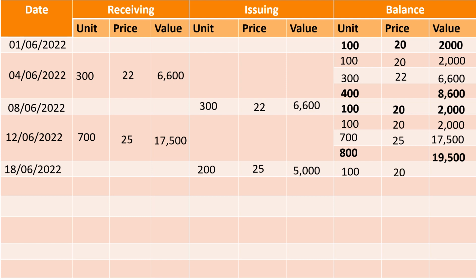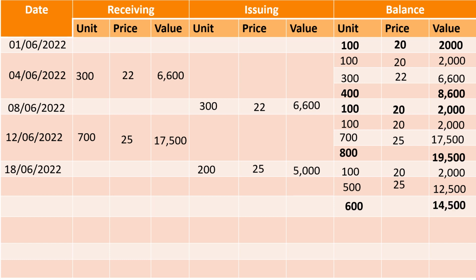We still have the opening inventory of 100 at 20 rupees, which is 2,000. Then from the 700, we have issued 200 units. So the remaining balance is 500 at 25 rupees, so the value is 12,500.